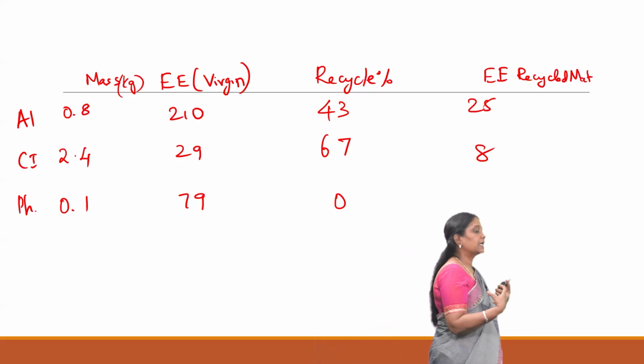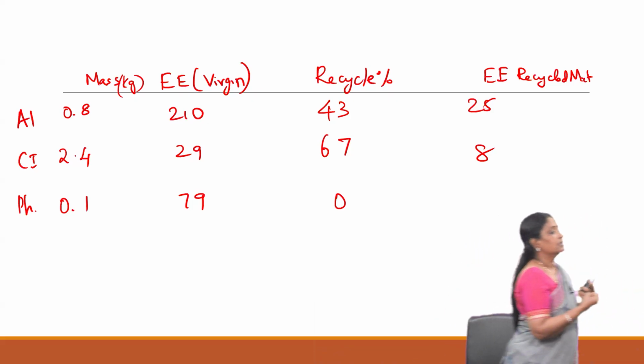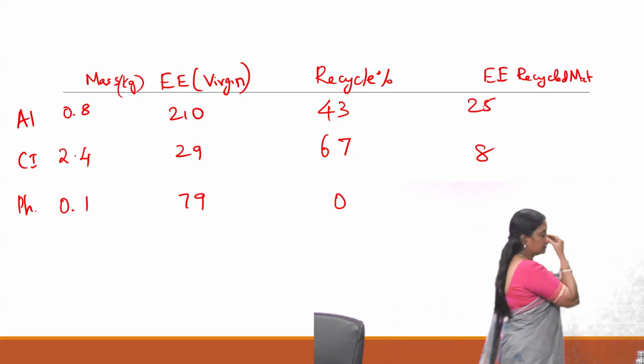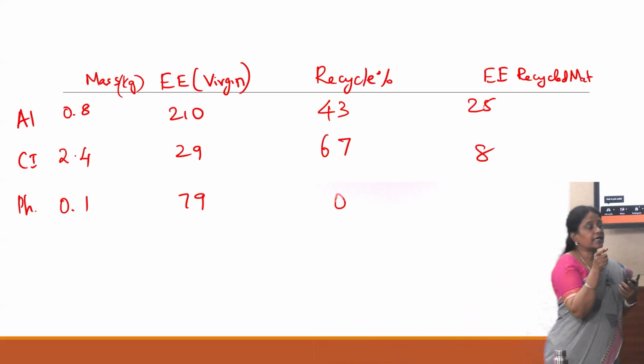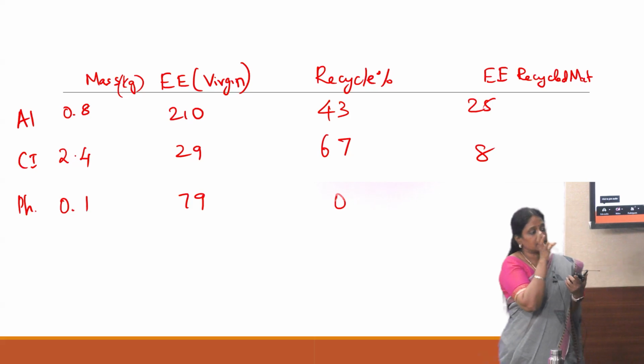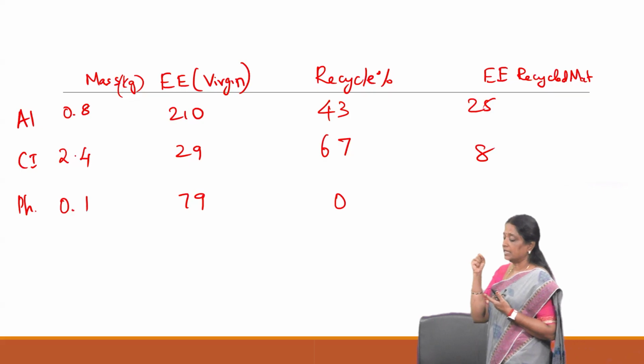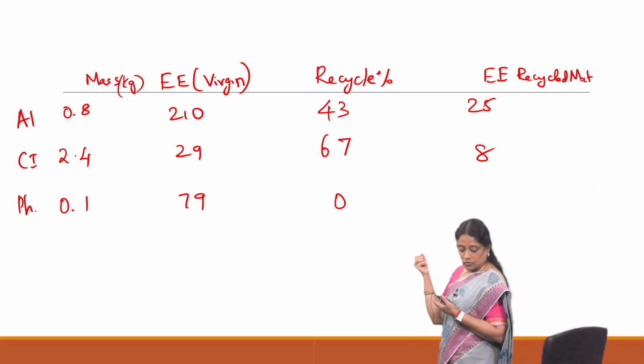For recycling, there is embodied energy, right? So the recycled material will have the difference between the two: virgin material minus the energy required for recycling. The virgin material will still have the original embodied energy, whereas the recycled material will have a reduced embodied energy.